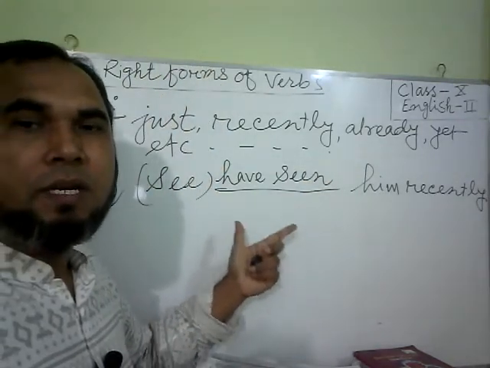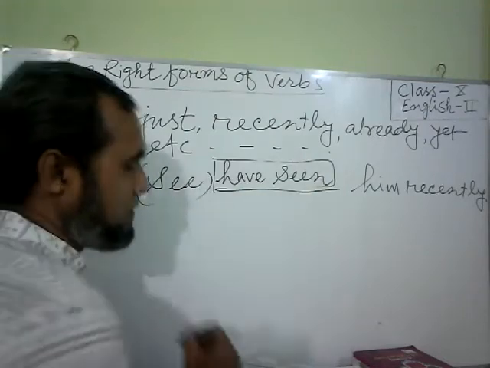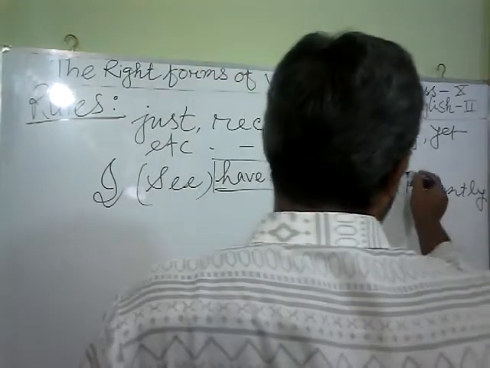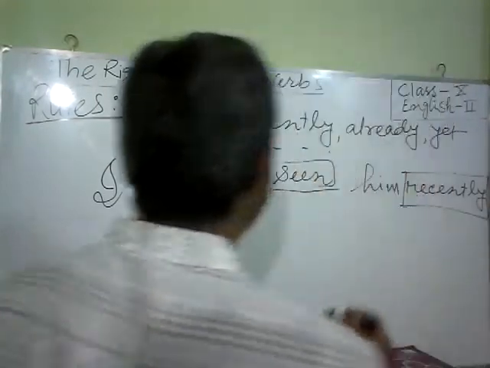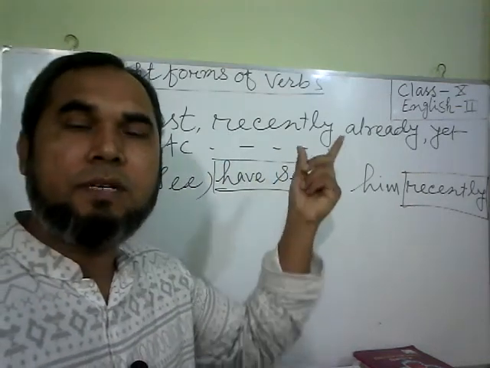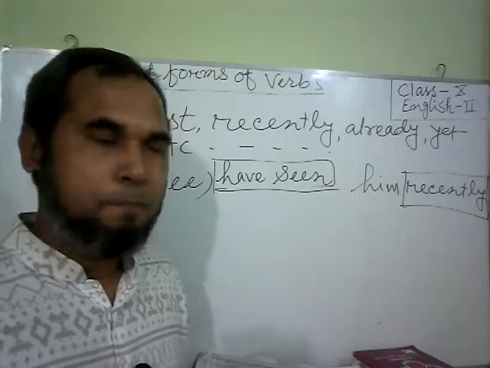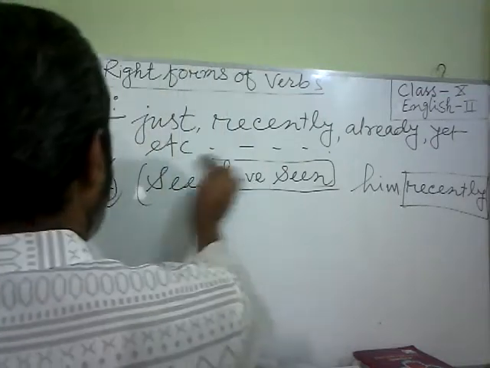I have seen him recently. You have to write it in present perfect tense, because there is an indicative word, that is recently. If we have recently, then the verb will be in present perfect tense. Okay, clear? Let us move to another rule.